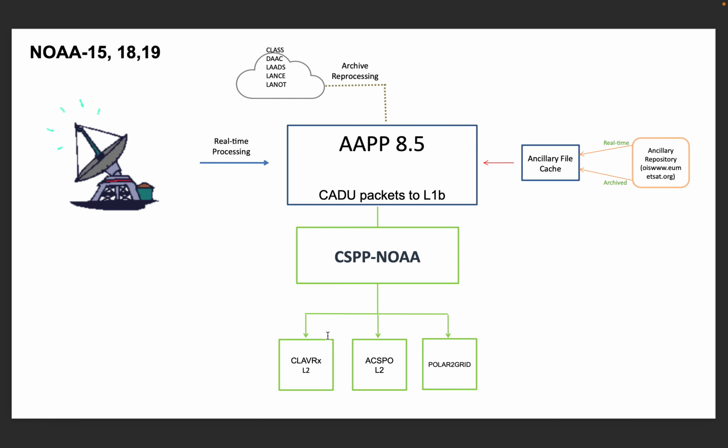And from the older NOAA satellites, 15, 18, 19, we get CLARA, RX, AAPP-EO, and polar2grid. Polar2grid are the views.